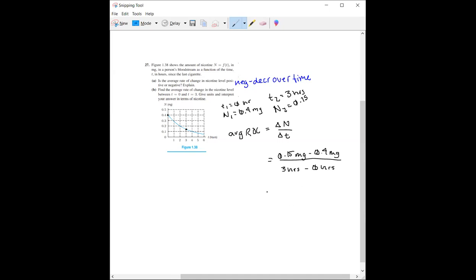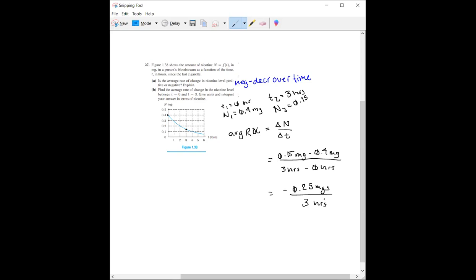So this is going to turn out to be negative 0.25 mgs over 3 hours. And that is what? Oh, not 9.